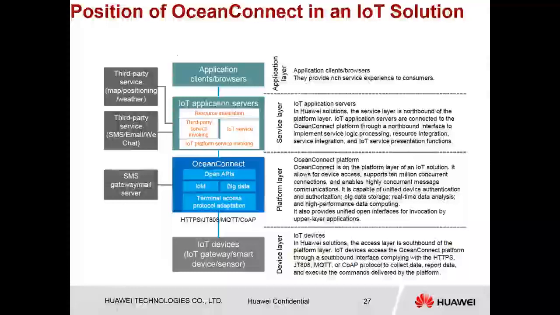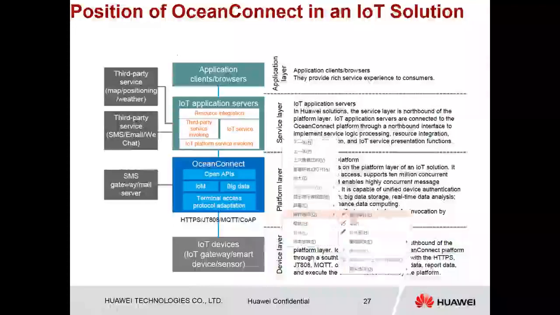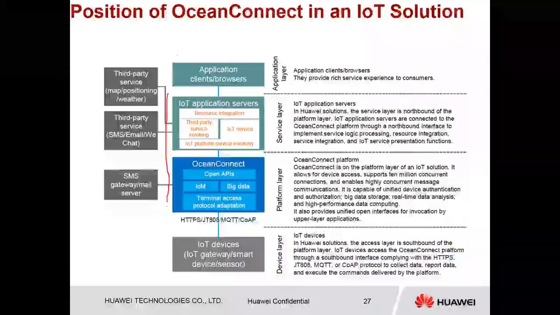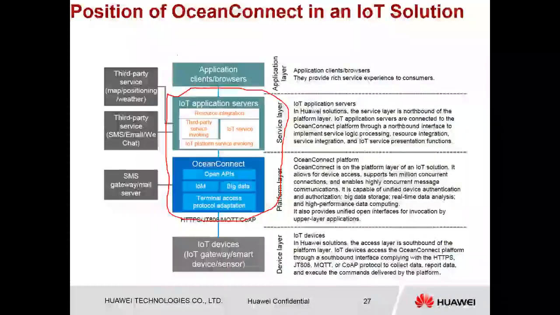This is also part of our IoT platform. The lower one is for device access, the upper one is for application access, and the last one is the application client browser, like this here.